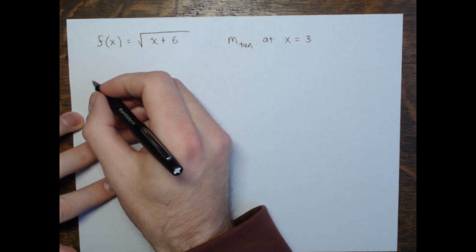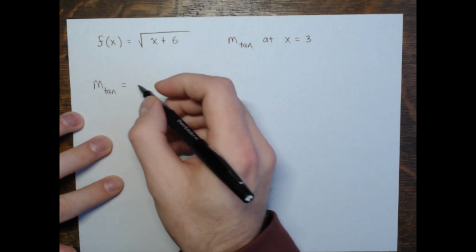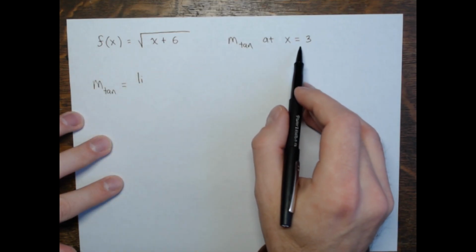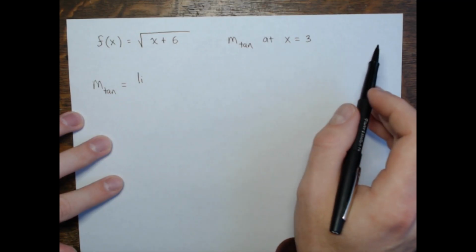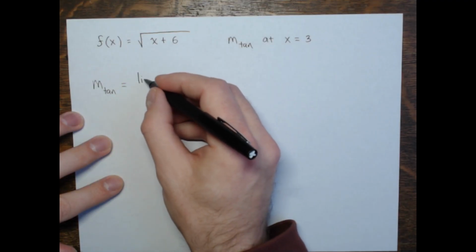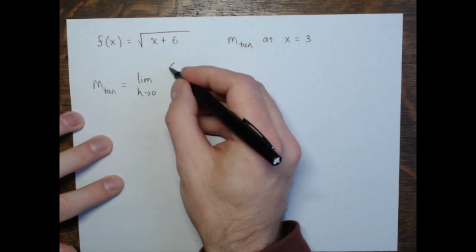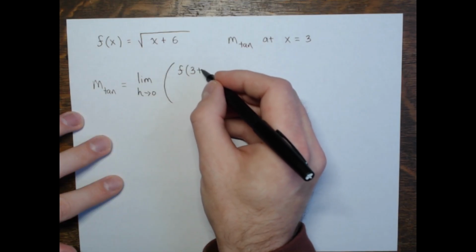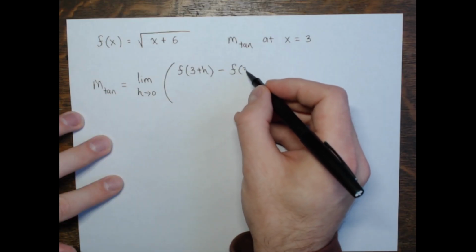So I'm going to just write that. Now the second definition, slope of the tangent line. This is the one where you're at 3, and then you go to 3 plus h, and then have h approach 0. So limit as h approaches 0 of the value of the function at 3 plus h minus the value of f at 3.